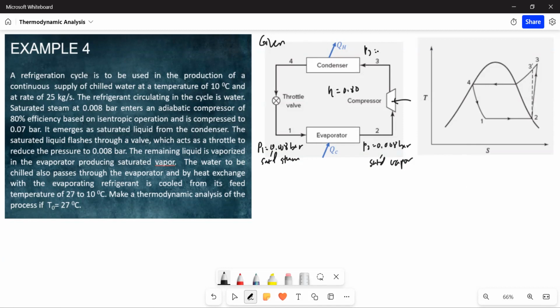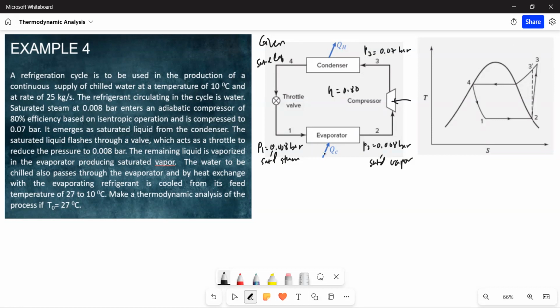P3 is 0.07 bar, and here it's superheated steam. And then we have saturated liquid at P4, saturated liquid.